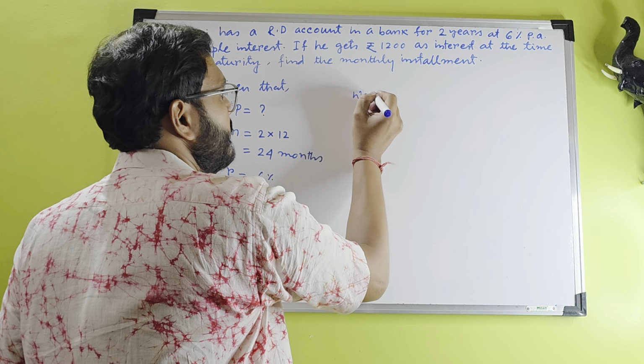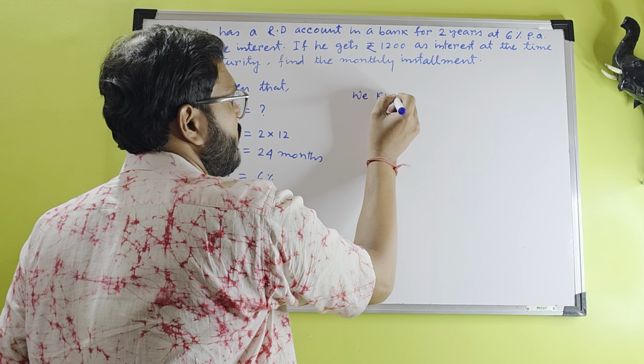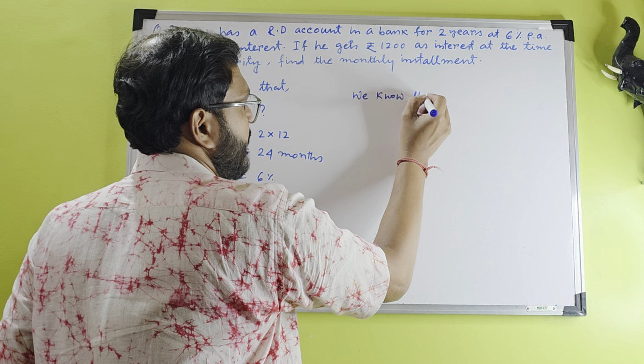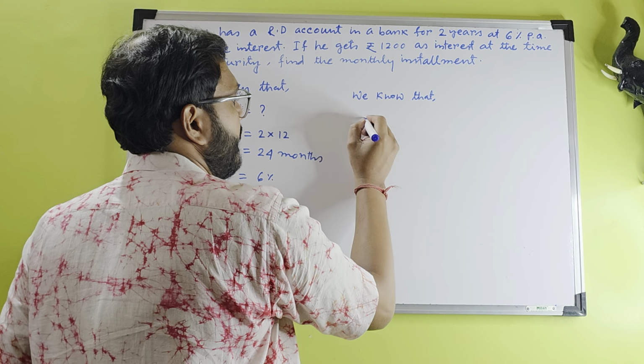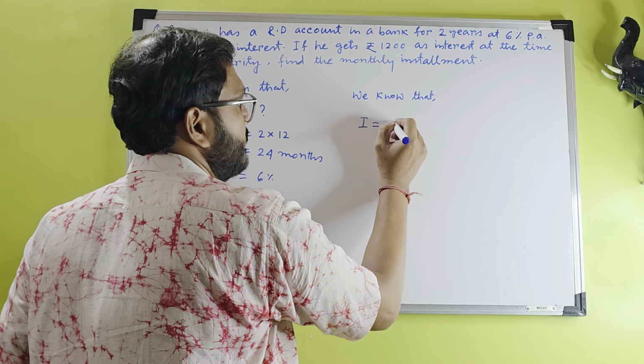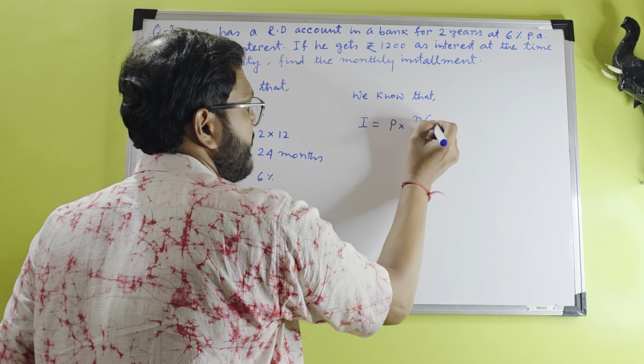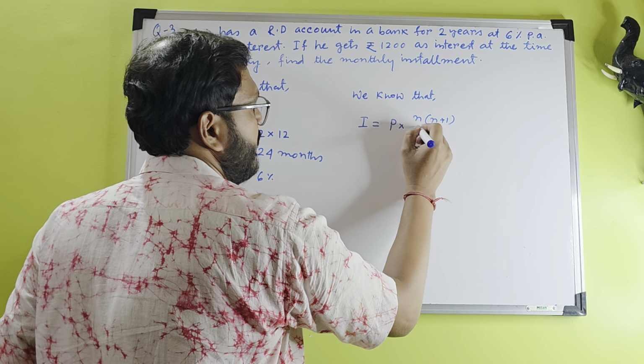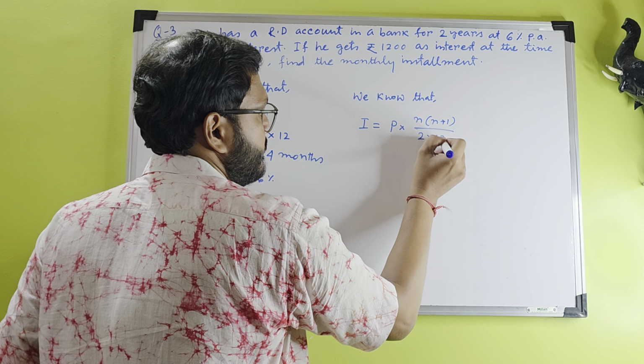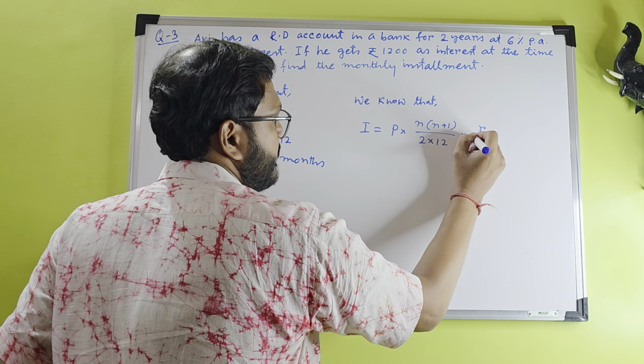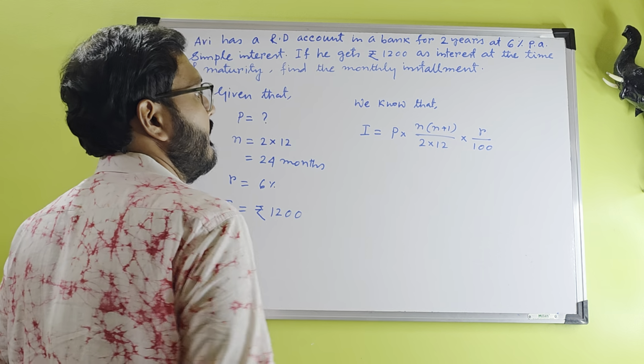We know that I equals to P into n into n plus 1 by 2 into 12 into R by 100.